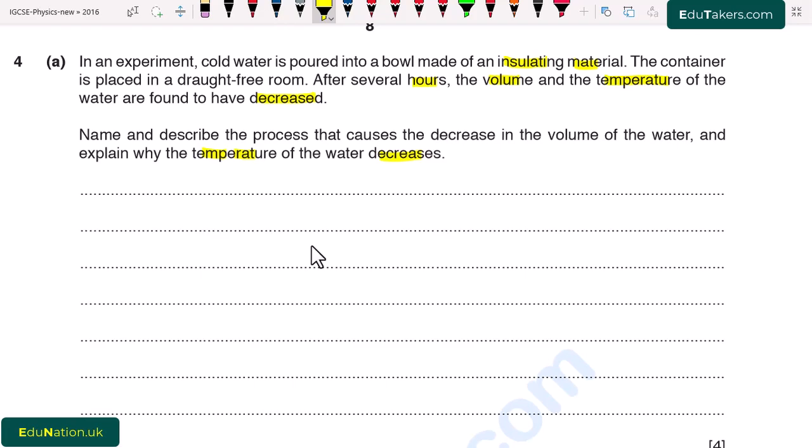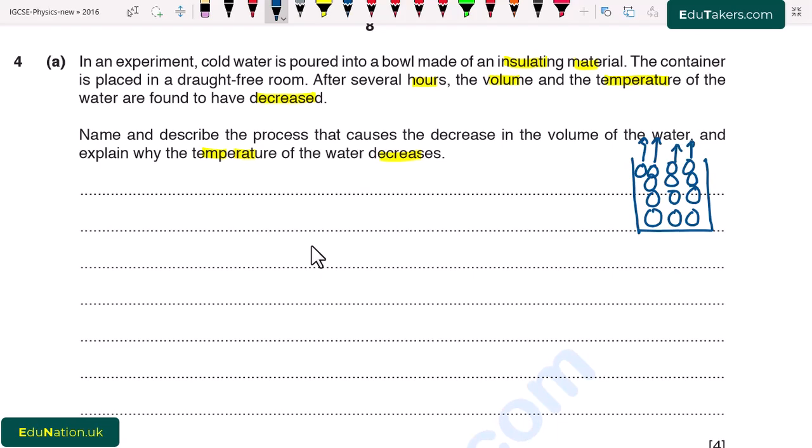I am going to draw a diagram here. So if I consider that here is the liquid inside this, the molecules that have high energy escape from the surface of the liquid, leaving only the molecules that have low energy.